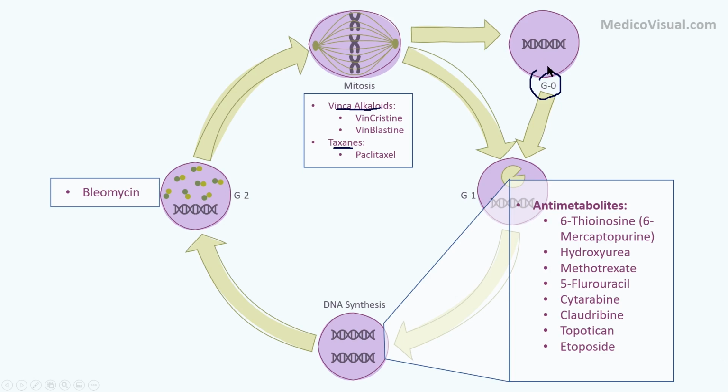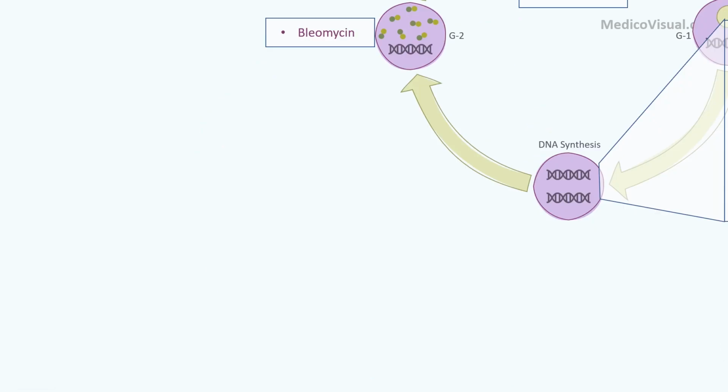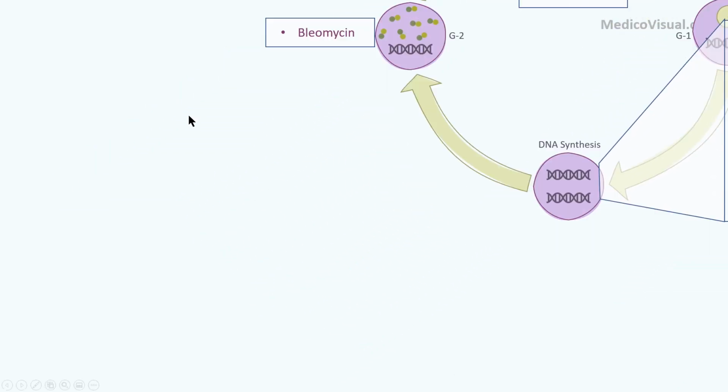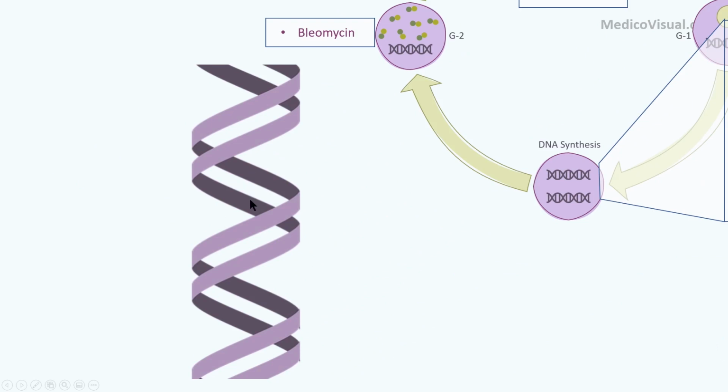What are these drugs? Okay, so here is the DNA, and let's suppose here is a guanine nucleotide, and here is also a guanine nucleotide. There are certain drugs called alkylating agents. These are called alkylating agents because they attach their alkyl group to this guanine as well as to this guanine, and they cause cross-linking of DNA.